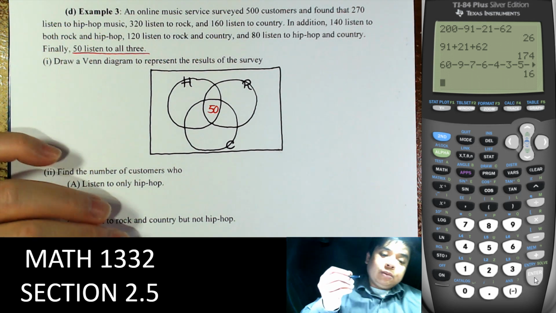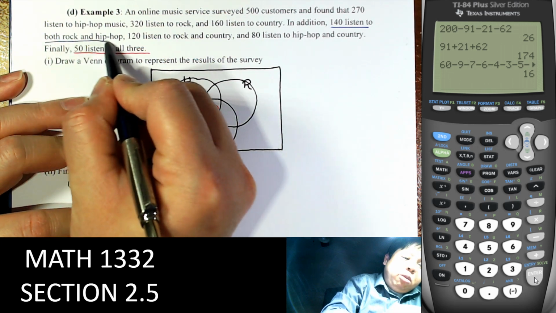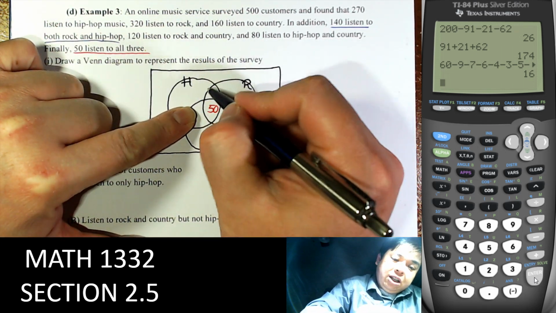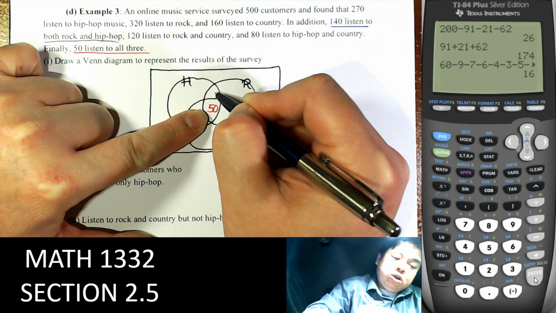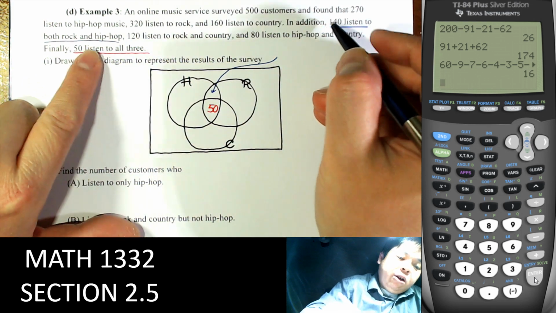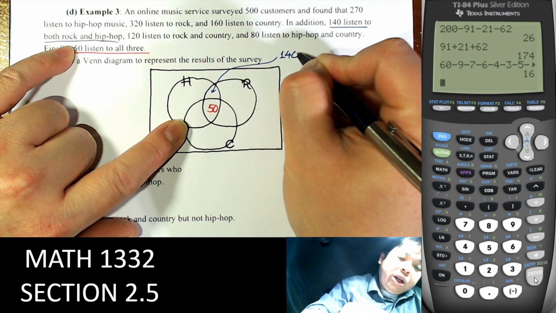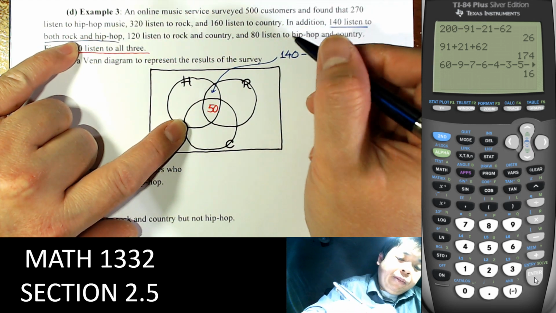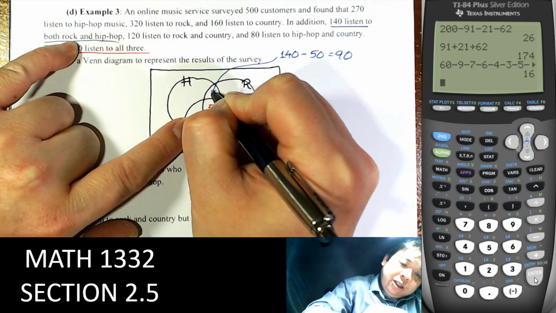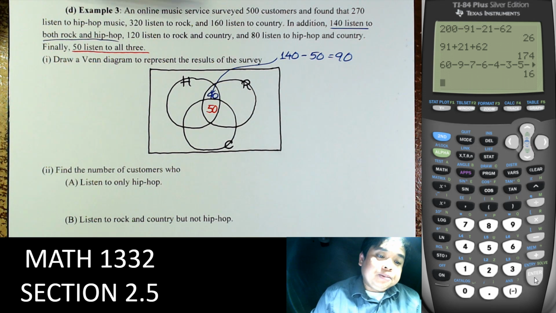Now we have 140 that listen to rock and hip hop. So rock and hip hop are the overlapping region here, but I have to take away the 50. 140 that listen to hip hop and rock, minus the 50, gives us 90 in that region.